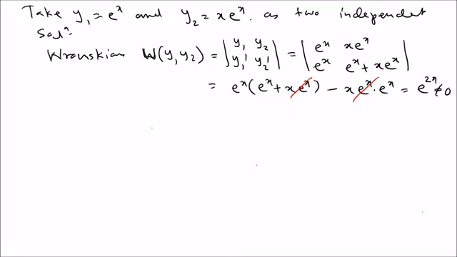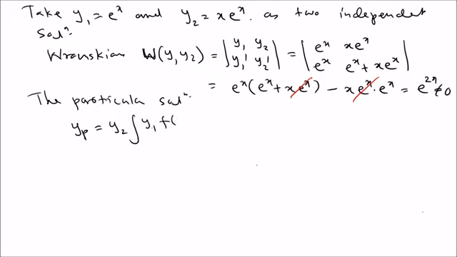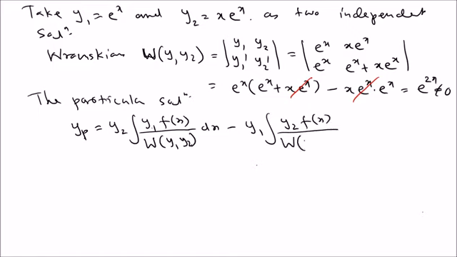Now the particular solution. By the formula, it is y_p equals y2 times the integral of y1 f(x) over the Wronskian W(y1, y2) in that order, minus y1 times the integral of y2 f(x) over W(y1, y2) in that order. So same thing, no change, but with a negative sign in between. So let's plug in.